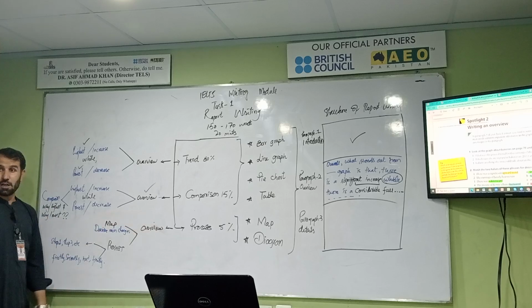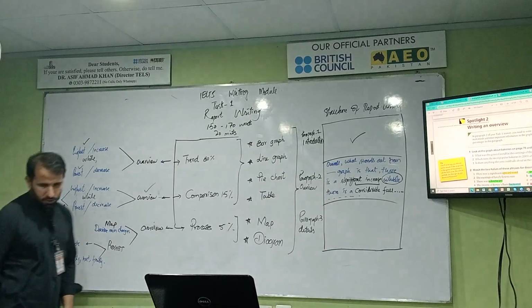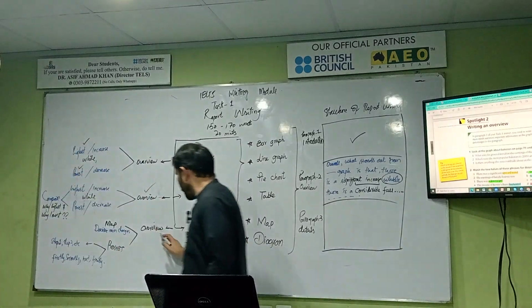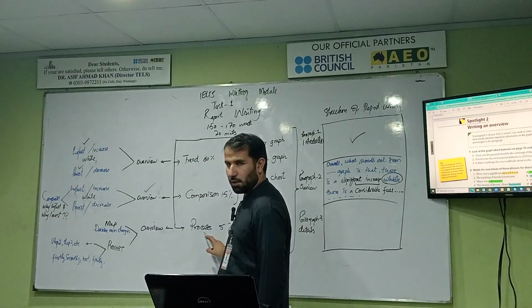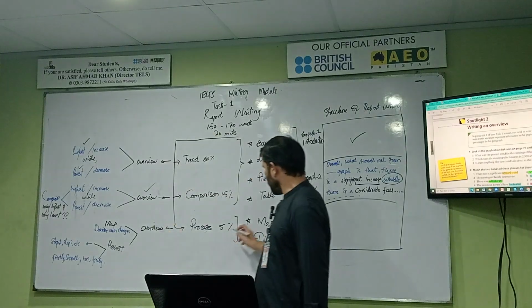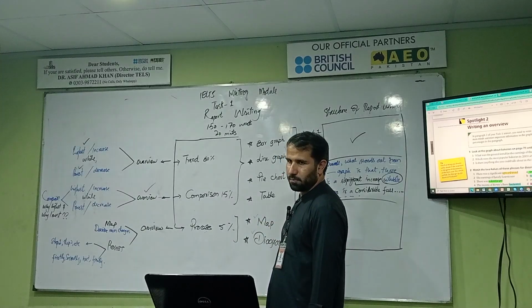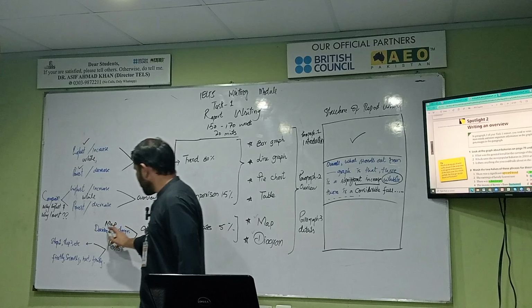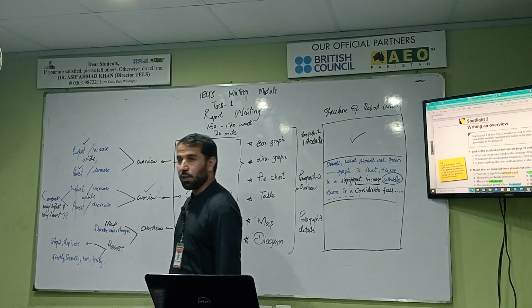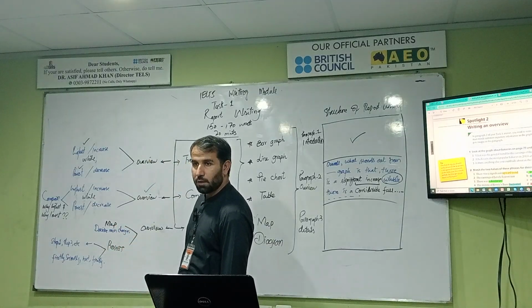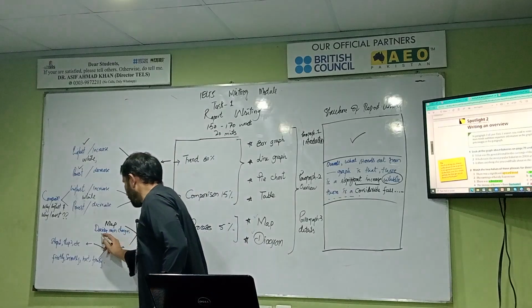Next, overview in process is a bit different. You see here, overview in process is a bit different. We have already mentioned here, in the process we have map and diagram. So you can see here, in the map, describe main changes in the overview. How would you mention?